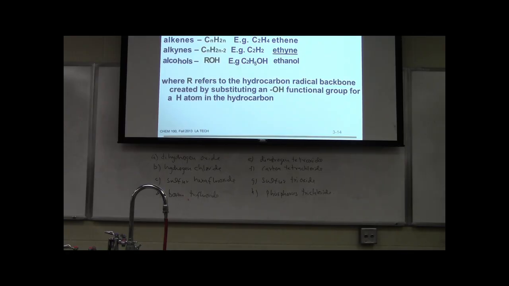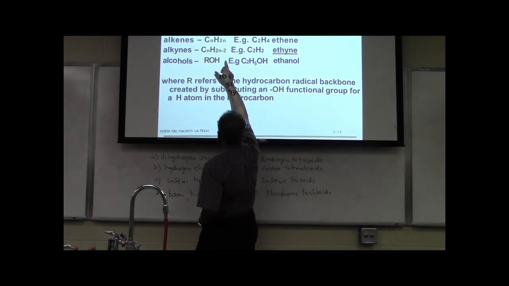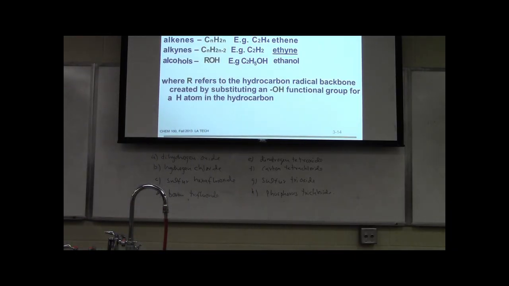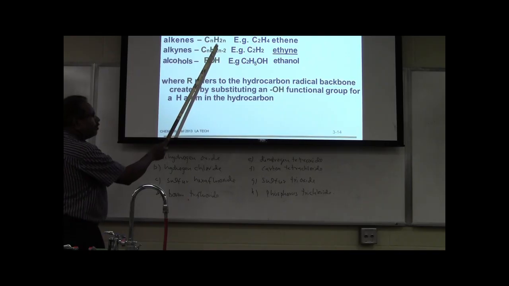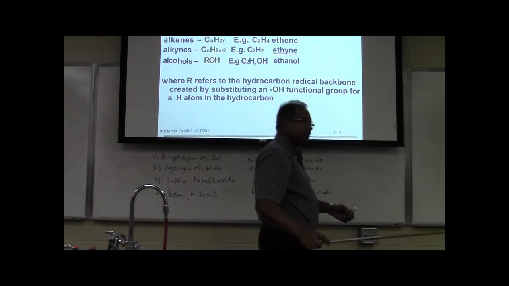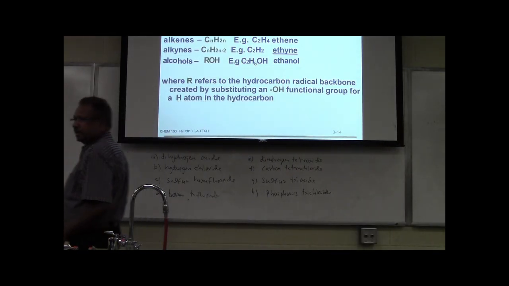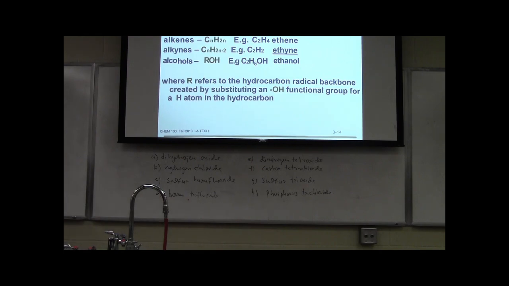Now, if you took out two hydrogens, there are no two hydrogens there, therefore a double bond. If you take out four hydrogens, that means a triple bond. If you have a triple bond, it's called ethyne. The common name for this is acetylene.